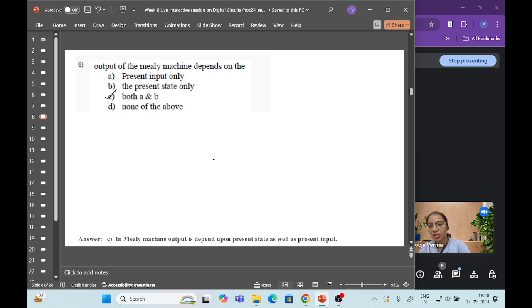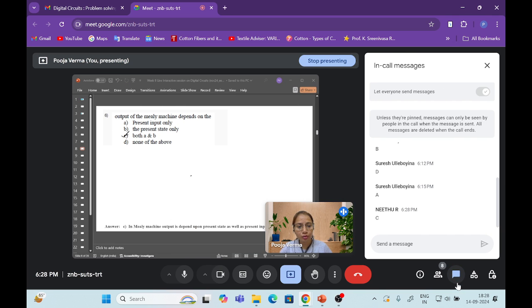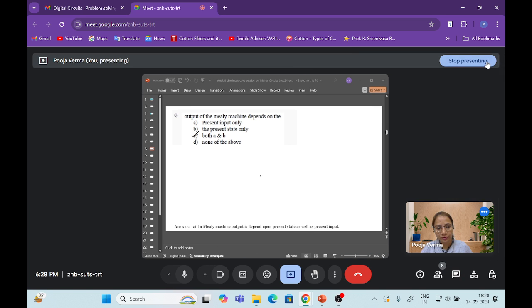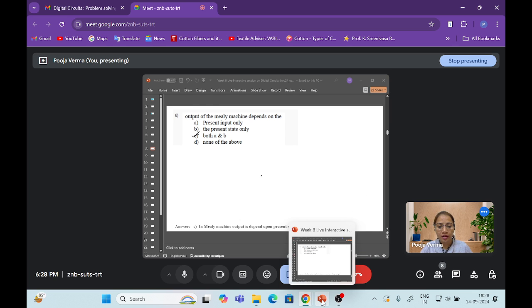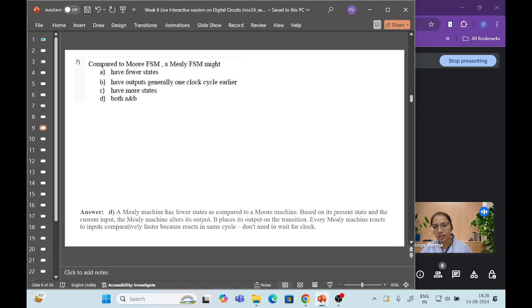So option C is the correct answer. Yes, correct, Neetu. Thanks for trying. The Mealy machine output depends on both. Okay. So moving to the next question.